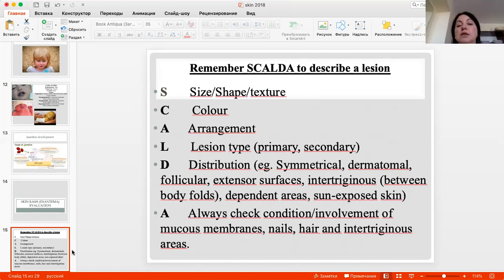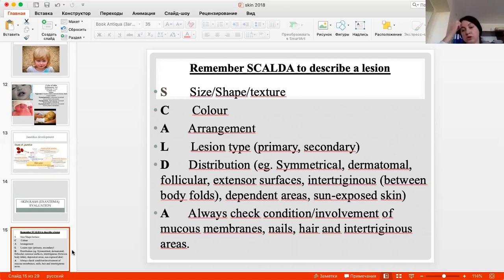Next, C, it is color. Color means reddish, yellowish, pigmented like brown, hypopigmented like light brown, depigmented like white. Arrangement, it's A. L, lesion type. It may be primary or secondary.